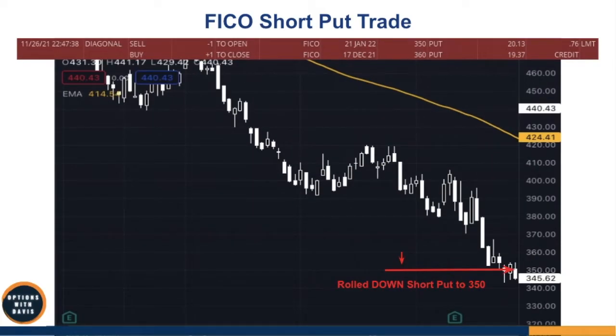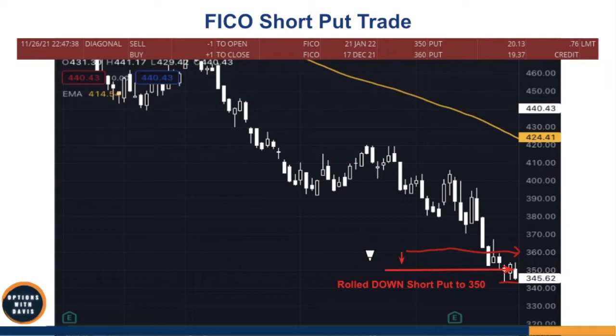Now, just a few days later, only roughly about 5-6 days or so, the market went below my strike price. My initial strike price was at 360, and then it went down all the way to around 342, which is roughly down here. So this was roughly where my break-even price is.